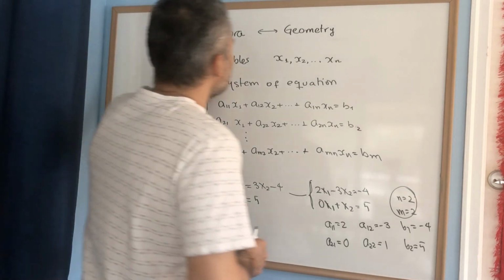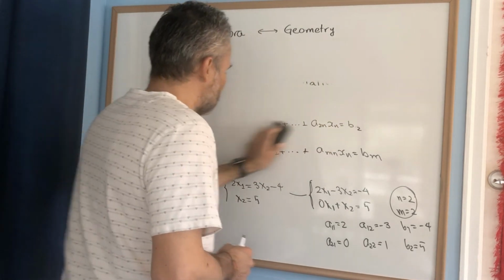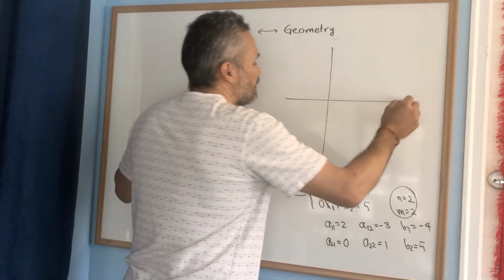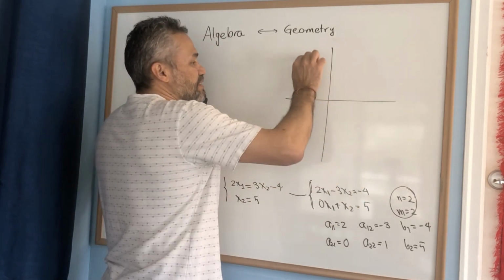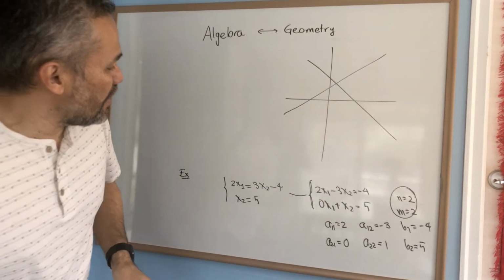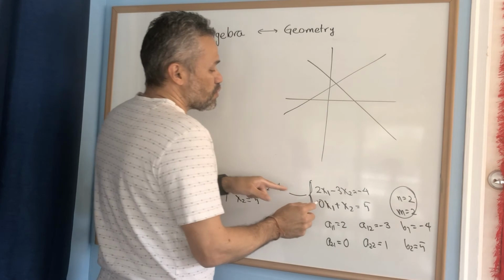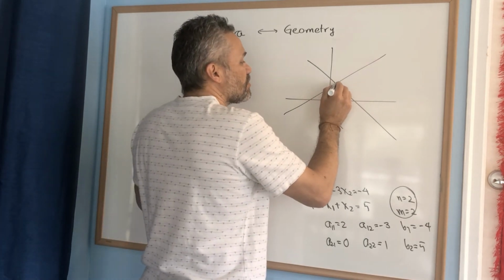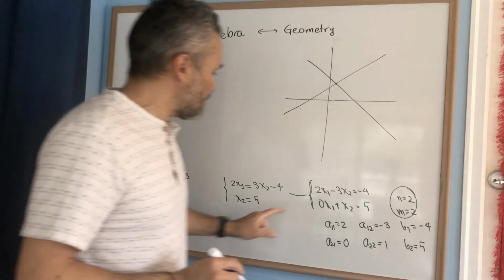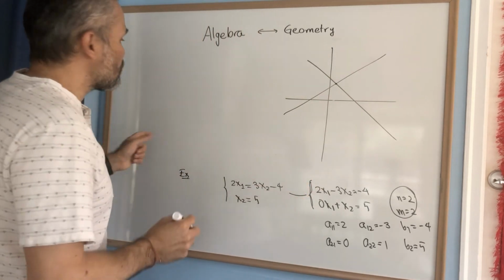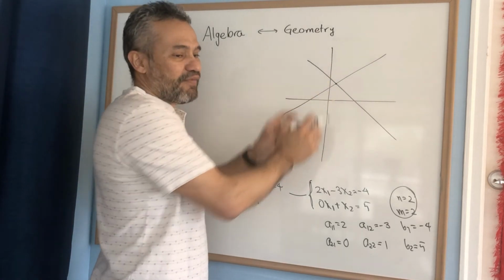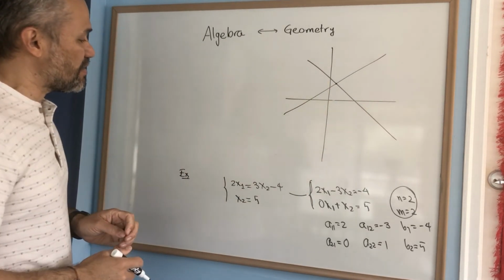Geometrically, each equation represents a line, and then geometrically the solution is the intersection of the two lines, if we have an intersection. But let's see what happens in general for a 2x2 system, and we're going to use the geometrical aspect of it. What possibilities do we have?